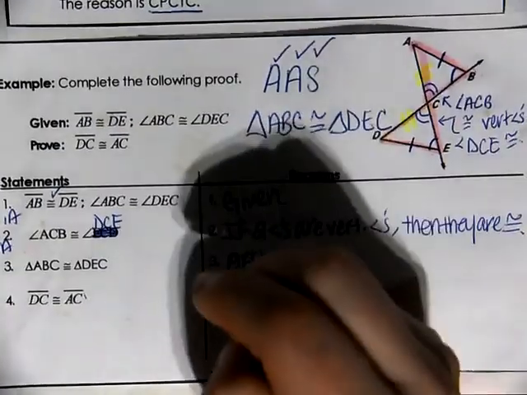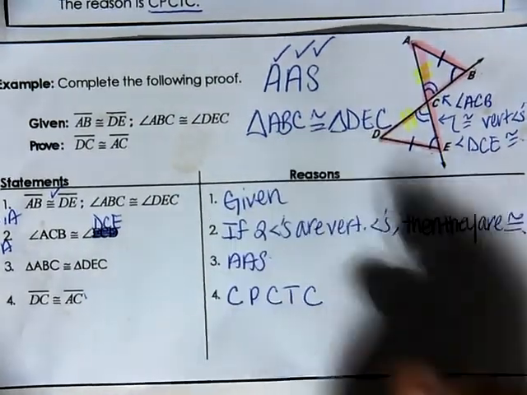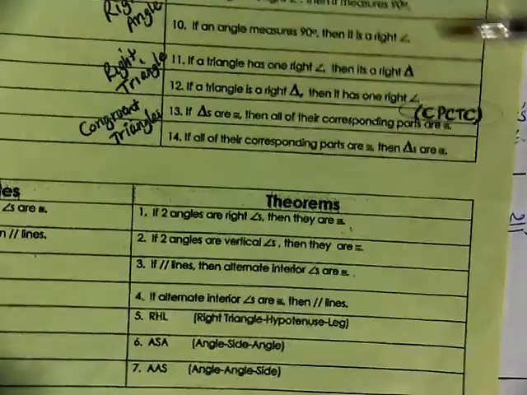And we know that corresponding parts of congruent triangles are congruent. CPCTC. In some homework assignments and in other things, you might see the if-then statement for CPCTC.